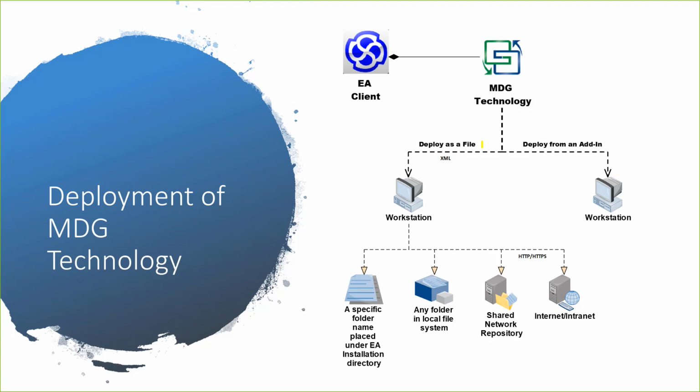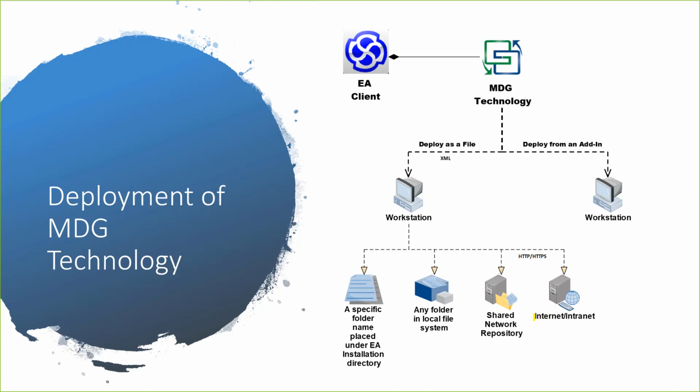Or it can be deployed as a file, the XML file, on a workstation, which can also be a server, obviously, and that can be deployed just locally to a specific folder under the EA installation, or to any folder in your local file system. Or it can be deployed to some shared network repository. So if you have a shared network drive, we can deploy it there, so everyone in the organization has the same modeling environment available.